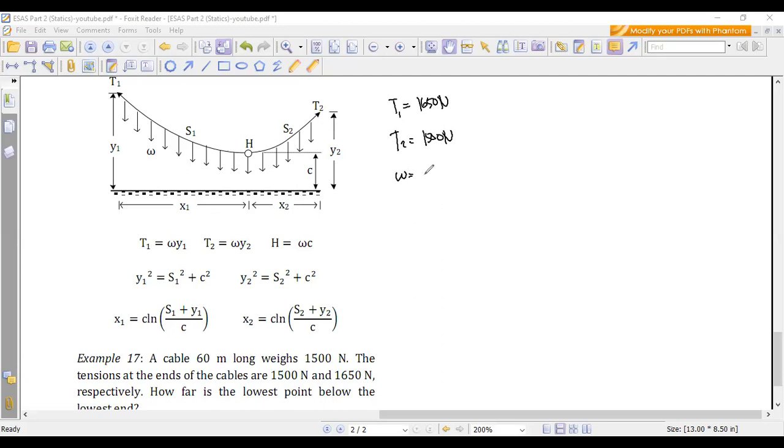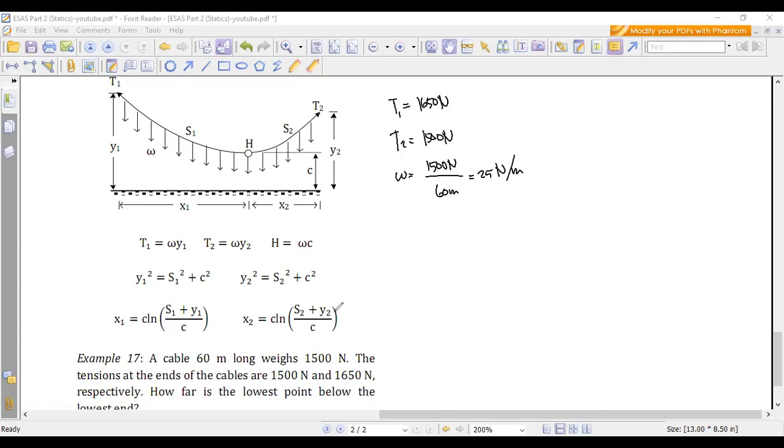Omega is equal to 1,500 Newton divided by the entire length, 60 meters. That gives us 25 Newton per meter.